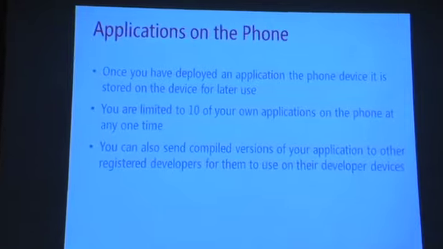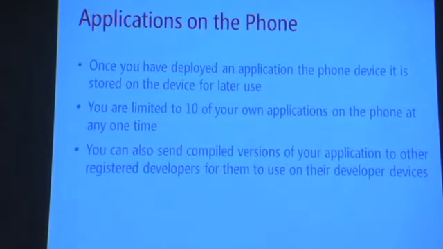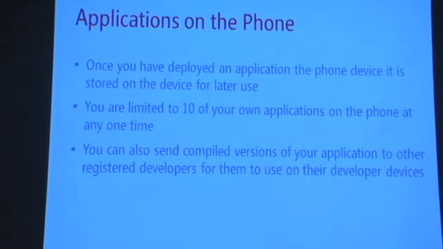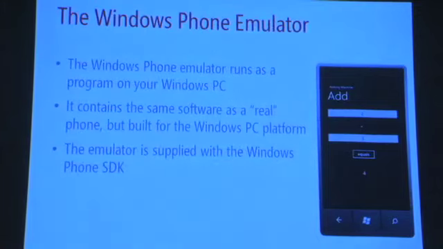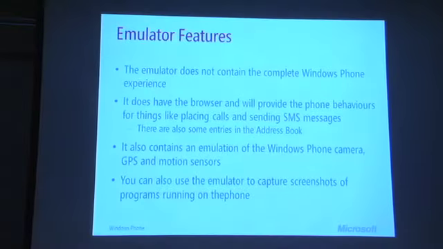Okay, 10 applications on the phone at a time that you could deploy for free without putting into the marketplace. So if you hit your 11th, you just have to delete one of them, which was a xap file that you deployed to the phone. The emulator is as close as possible to the phone, supplied with the SDK that you have to download.